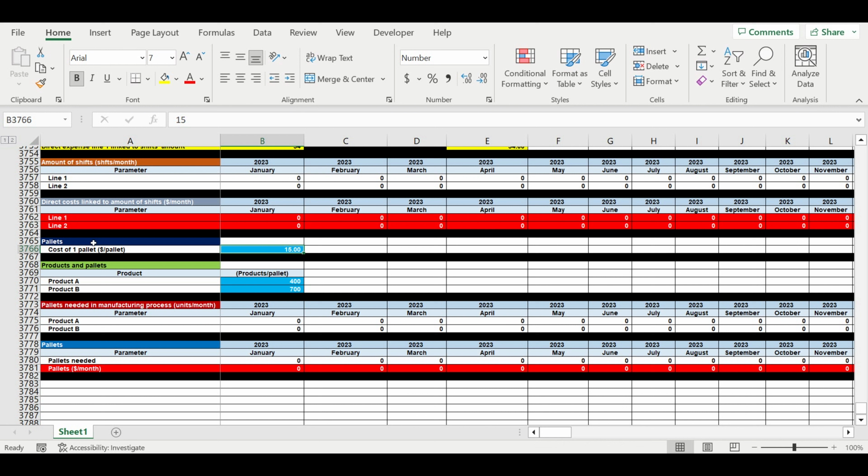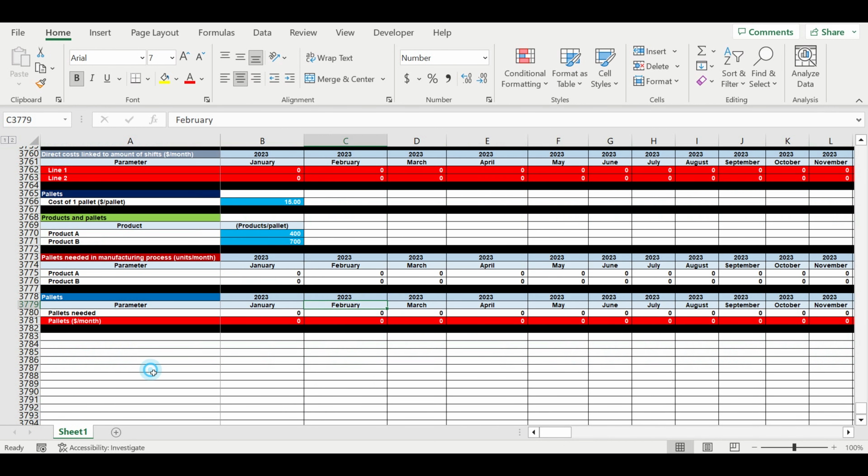And now let's talk about fixed expenses. Let's create a new block of inputs and call it fixed costs. Here on the left we will be putting the fixed cost item. Let's say we have 10 articles for fixed costs.